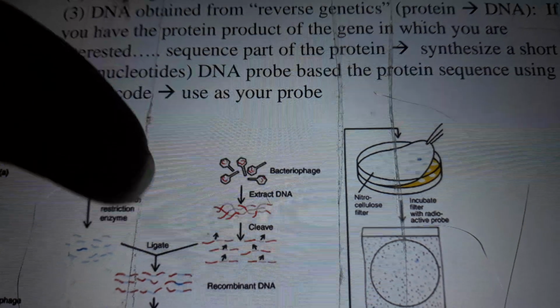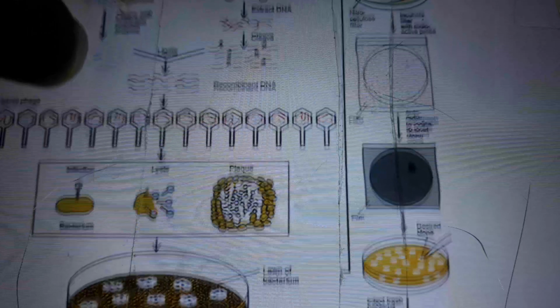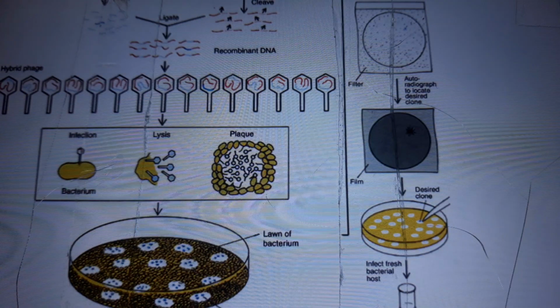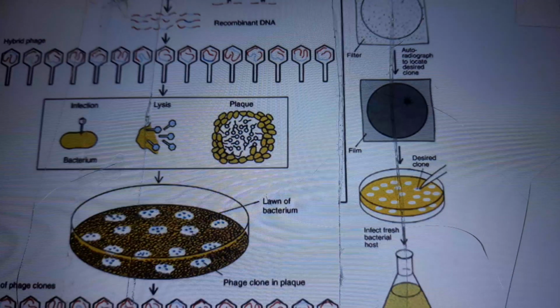And now let's take this diagram for your reference. We see the cellular genome, cleavage with restriction enzyme. We have bacteriophage, extract DNA, cleave. A nitrocellulose filter, incubate the filter with a radioactive probe. That leads to hybrid phages, and there's a ligation in the presence of recombinant DNA, which comes from cleavage of extracted DNA from a bacteriophage.